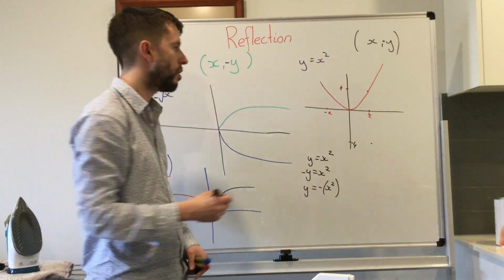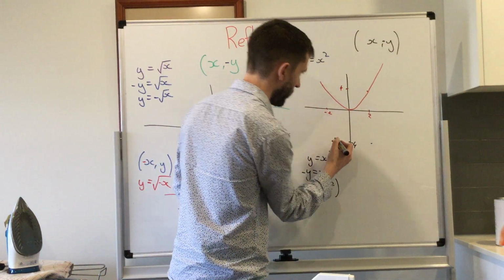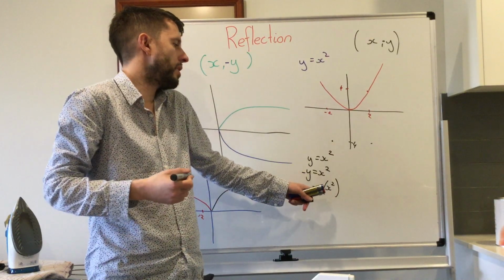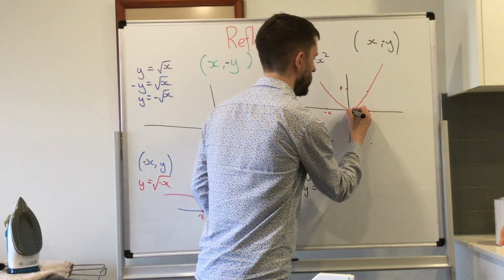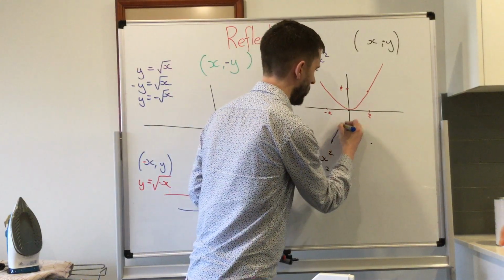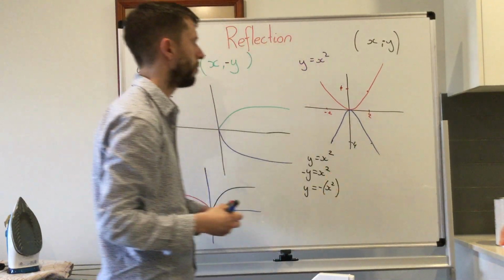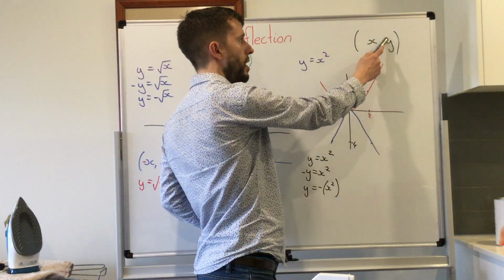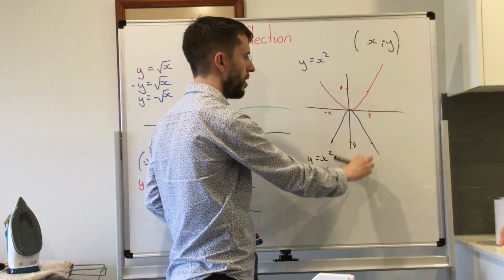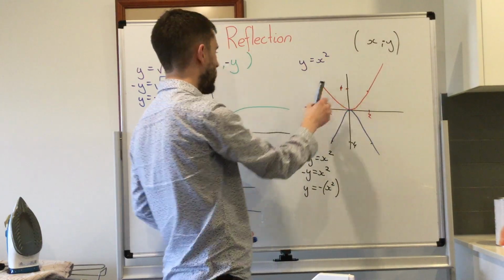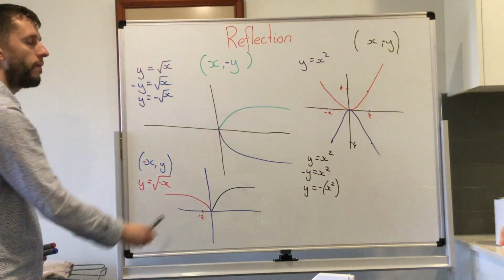I've got a negative there, so it becomes negative 4. 0, 0 squared, 0, negative 0 is just 0. So I have come up with my equation. So I just want you to think about when we put a negative next to y, we're looking at the negative y. When we put a negative next to the x, we're looking at the negative x. And that's what we've done over here as well.